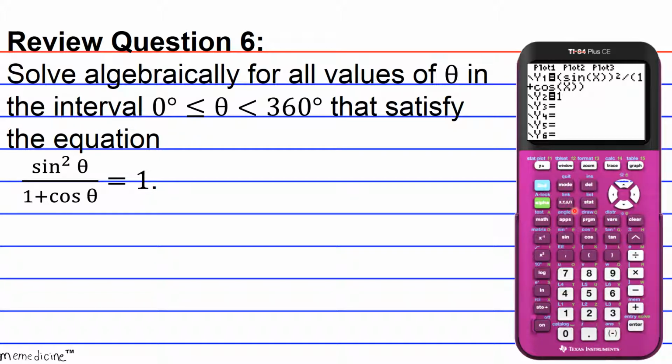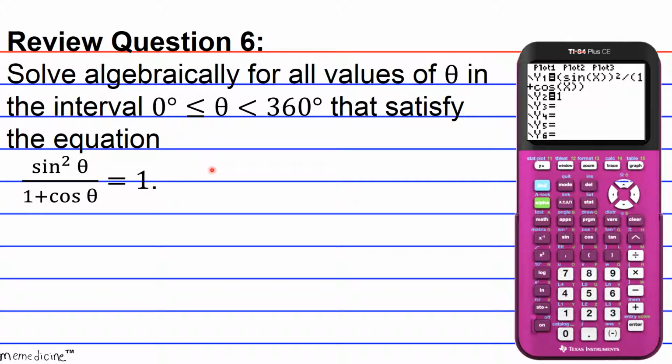And then you close out the parentheses by pressing close parentheses, and that's going to enclose your sine function. Now you're going to wrap the entire thing again in another set of parentheses, and then you're going to square that term by hitting the x squared button, and then you'll see this exponent pop up on your screen.